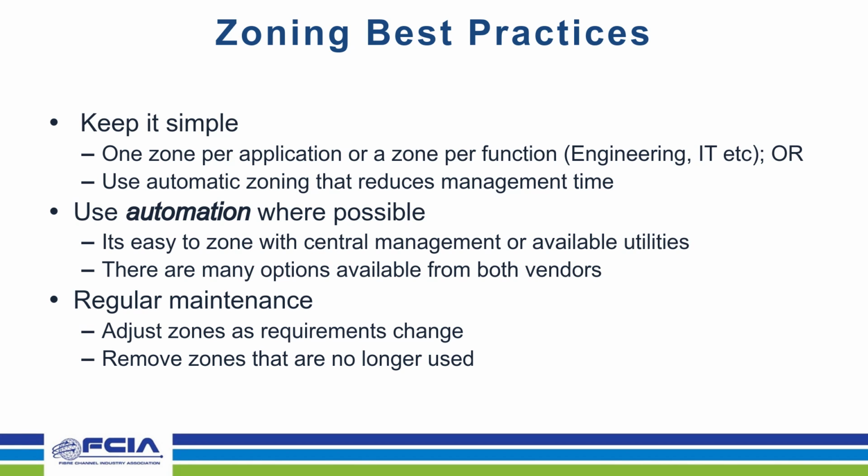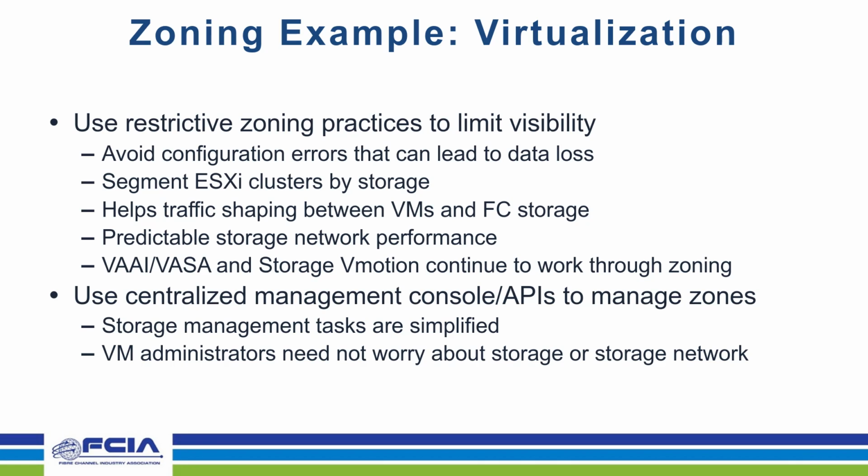So we're going to take a look at just a quick example of, say, virtualization. Virtualization is pretty ubiquitous in data center environments, and Fibre Channel is the highest touch for virtualization. A lot of virtualization runs on Fibre Channel storage.